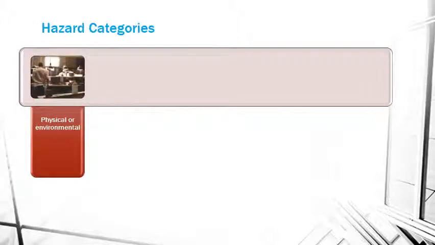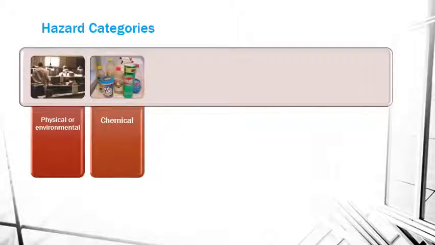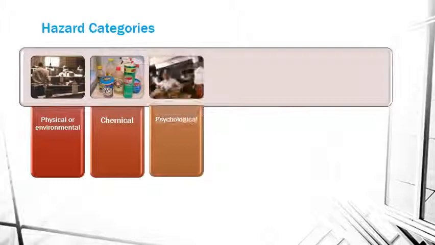First is physical or environmental. Examples of this could be fluctuating temperatures in a food production area, which may lead to stress, headaches, dizziness, or rashes. Chemical, cleaning agents or other chemicals which could be absorbed into the skin, cause a burn, blindness, or maybe inhaled.